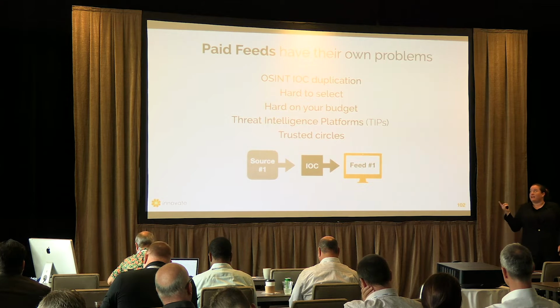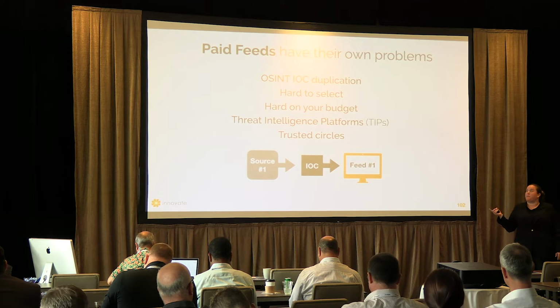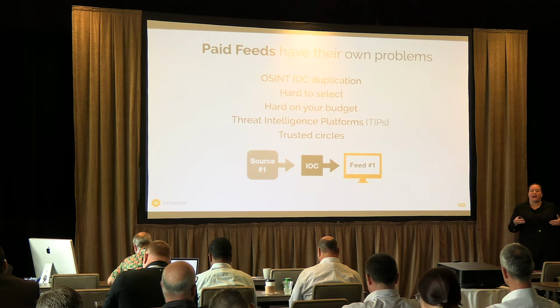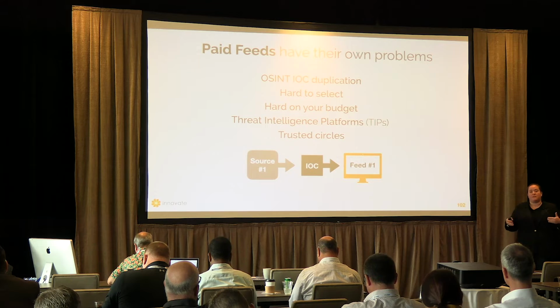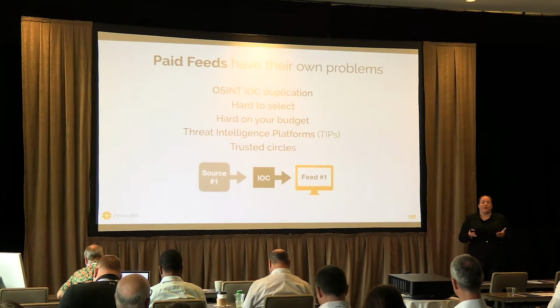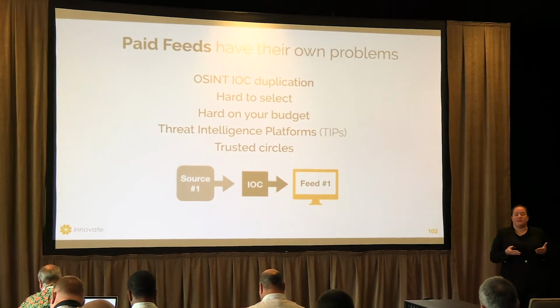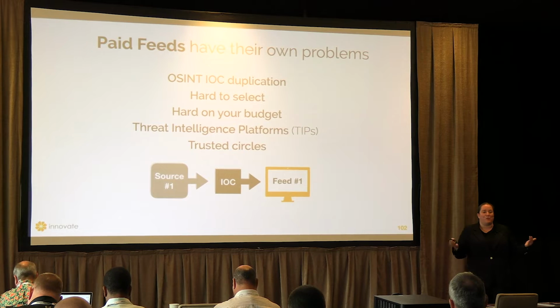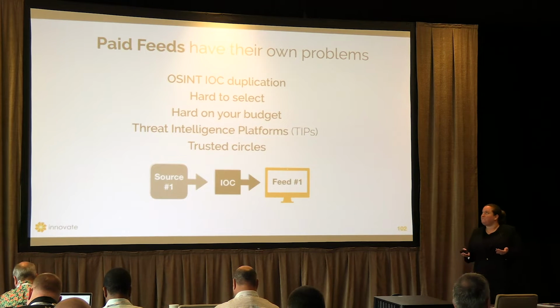So this is the big thing that I want to stress, because this has been problematic, especially as more people come to market that don't have a lot of analysts, or don't have a lot of unique samples that they're churning through and pushing out. They will try to bulk out their indicators with stuff that's freely available to you elsewhere. That can also create ticket duplication, of course, which is another problem.